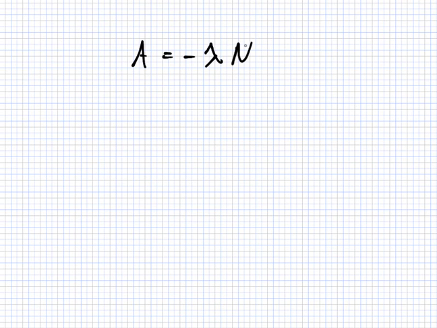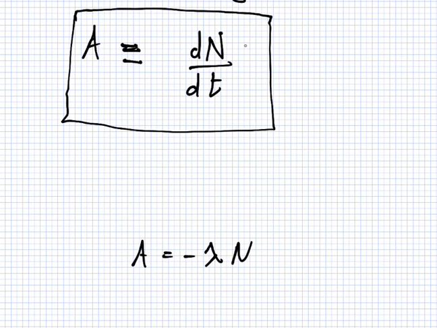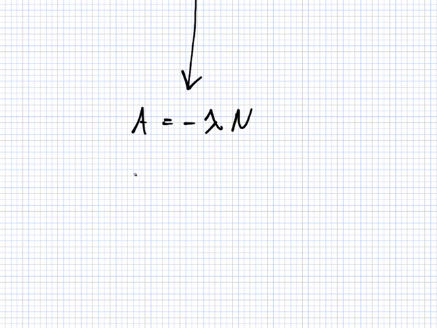There's just A and there's just N. But another way to get time in is if you look at your last result, what does A equal? Yeah, dN over dt. If you put that in here, you get dN dt equals minus lambda N.